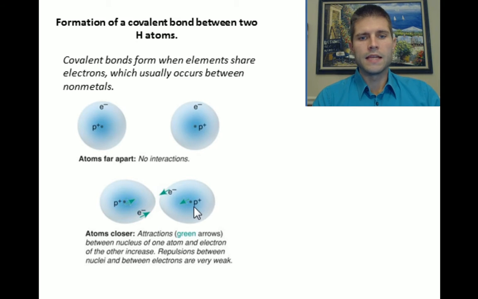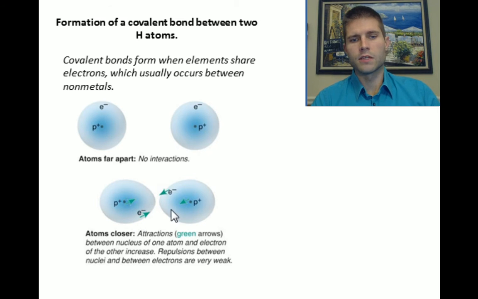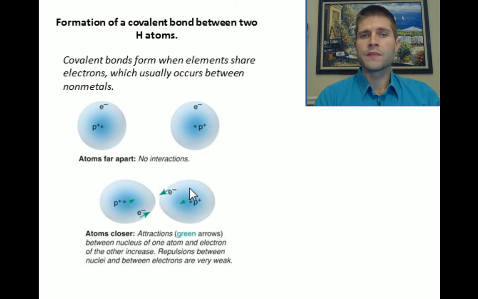This proton sees this electron and starts pulling it towards it, and this proton sees this electron and pulls it towards it as well. Both protons want more electrons because they're positive. In general, all protons are positive and all electrons are negative, so they're going to be drawing these negatively charged particles towards them.